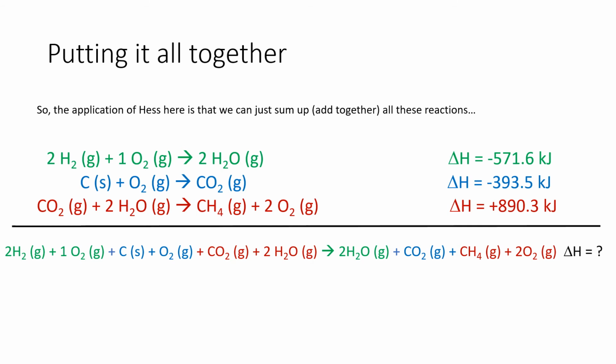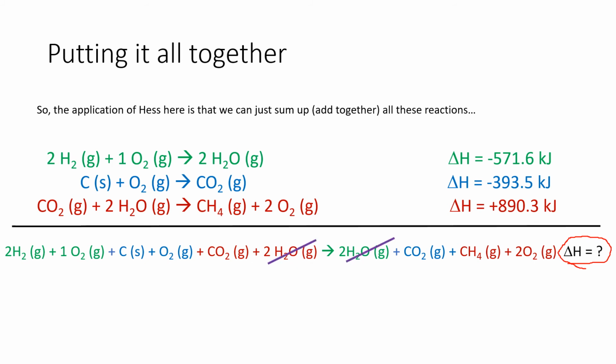On the product arrow side, I've got two H2Os, two CO2s, and then the red that we started with earlier: reactant side here, CO2 plus two H2Os, and product side, CH4 plus two O2s, all right? Now, I don't know, what is this delta H going to be? I hope some of you see where I'm going with this, right?